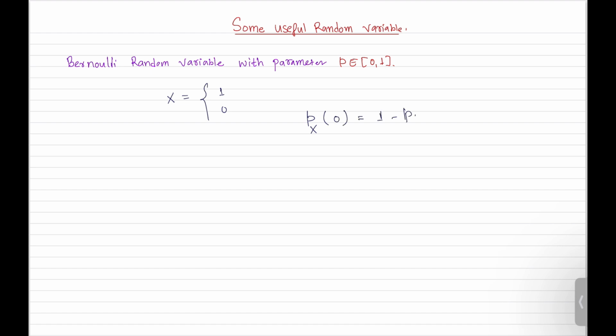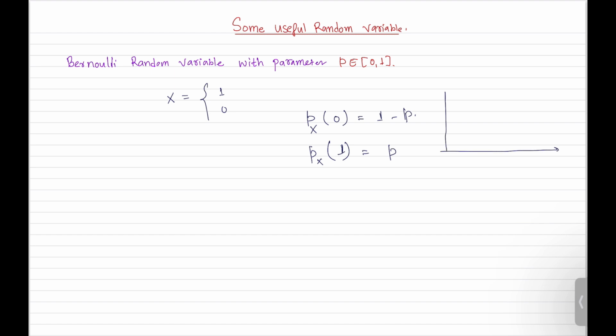Because this p is what we call the parameter, and that defines the distribution of this Bernoulli random variable. So what I am saying is that the probability that the random variable will take the value 1 is p, right?